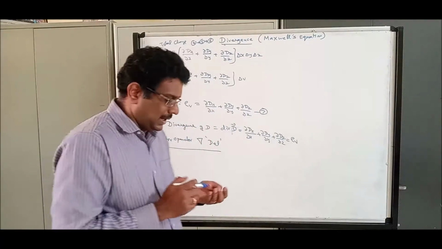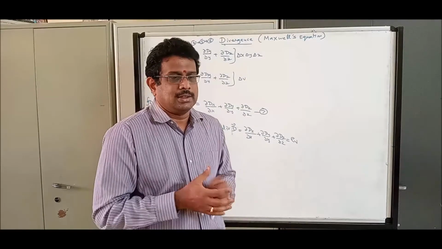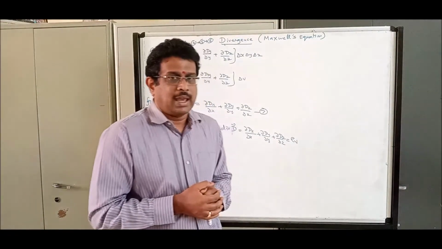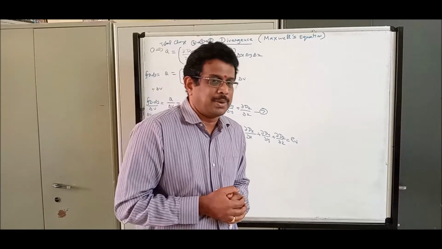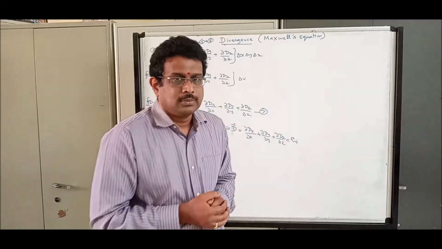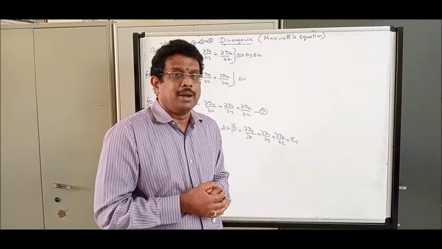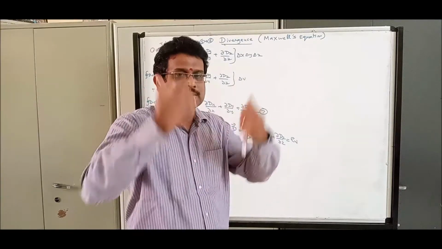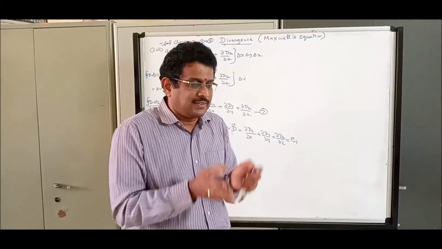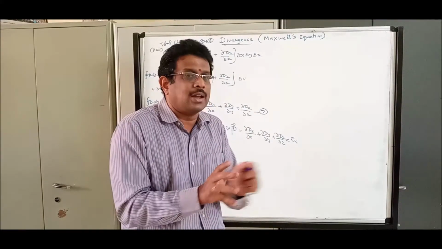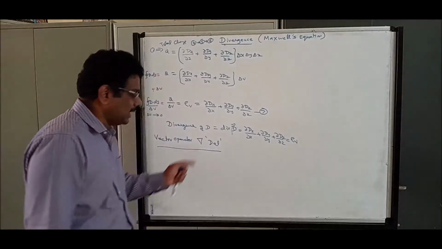If I am changing in x direction, you say dou by dou x; in y direction, dou by dou y; in z direction, dou by dou z. If you change in all directions, that is variation of a quantity in all directions, then it is nothing but del. What is a del?